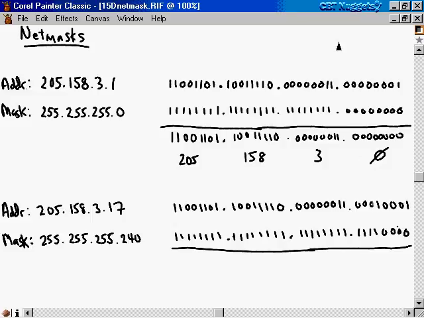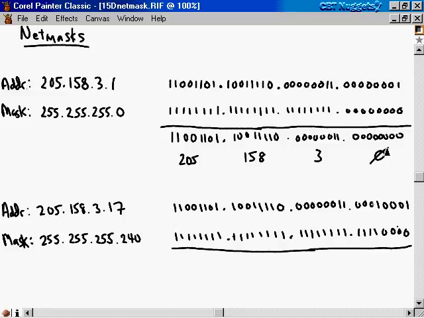So any message that's floating by out there on the internet, I apply this mask to, and if it matches this, then I will accept the message and pass it on to my local subnet. What's going to match this? To match, it's got to start with 205.158.3, because if it started with 205.158.4, then the result of applying this net mask would be 205.158.4, and it would not match this answer here.